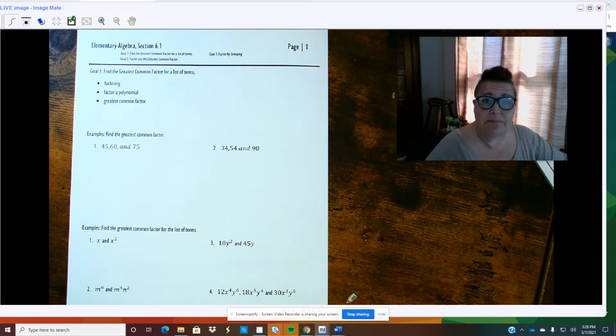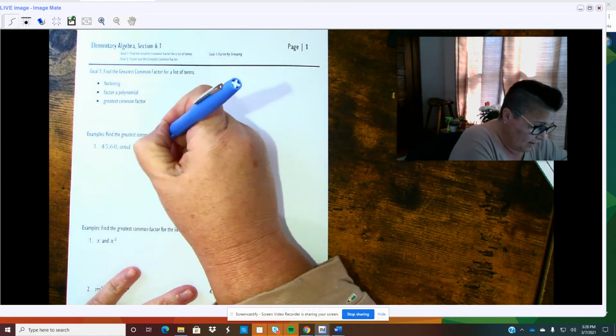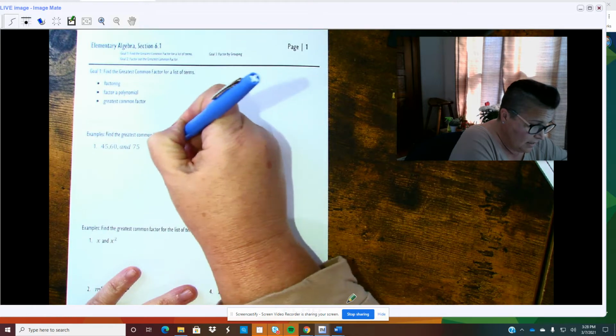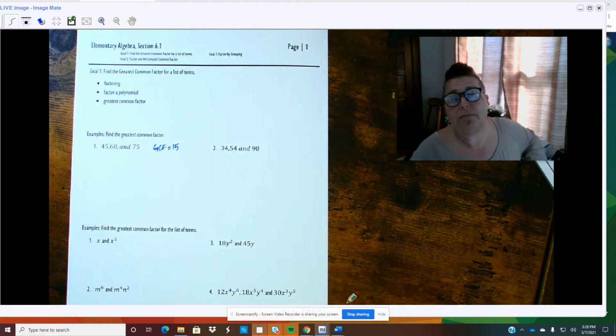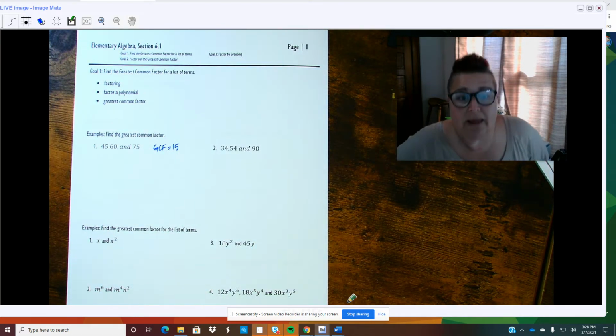And because I have some skill and practice with mental math, I know that 15 goes into 45, 60, and 75 right off the bat. I know that no other number bigger than 15 will work. So right now, I'm saying the GCF, greatest common factor here, is 15. Will everybody be able to do that using mental math?